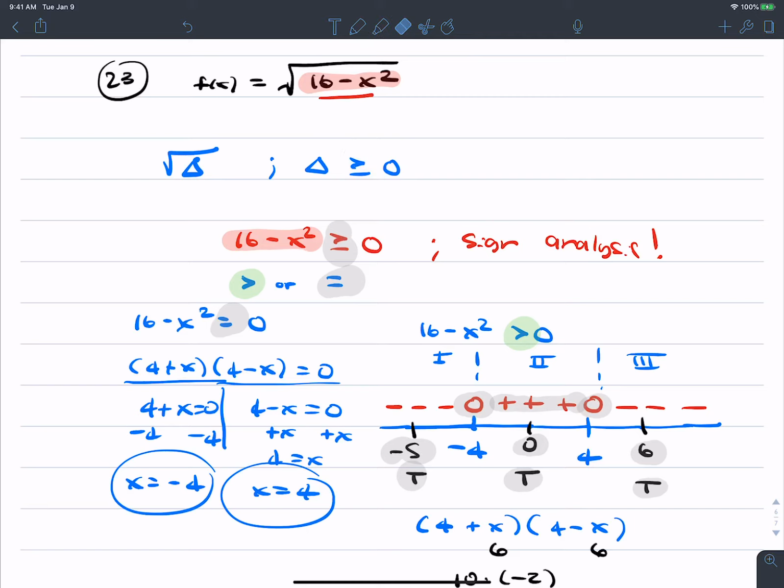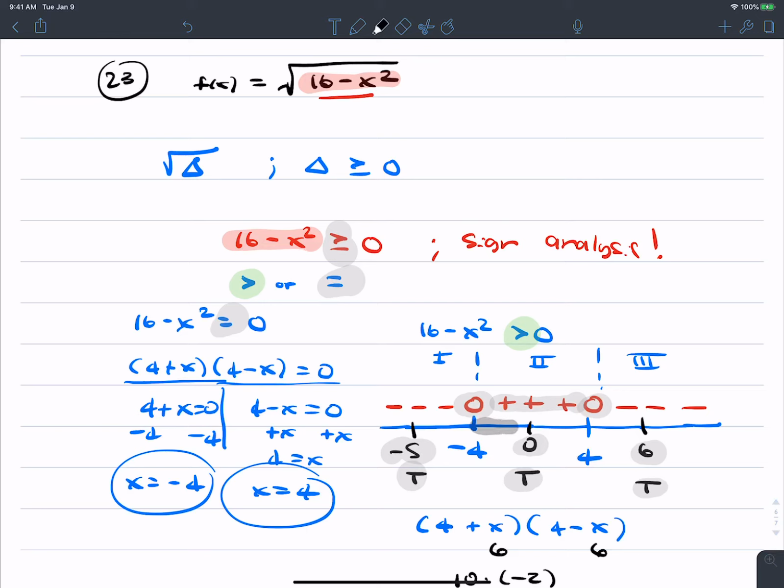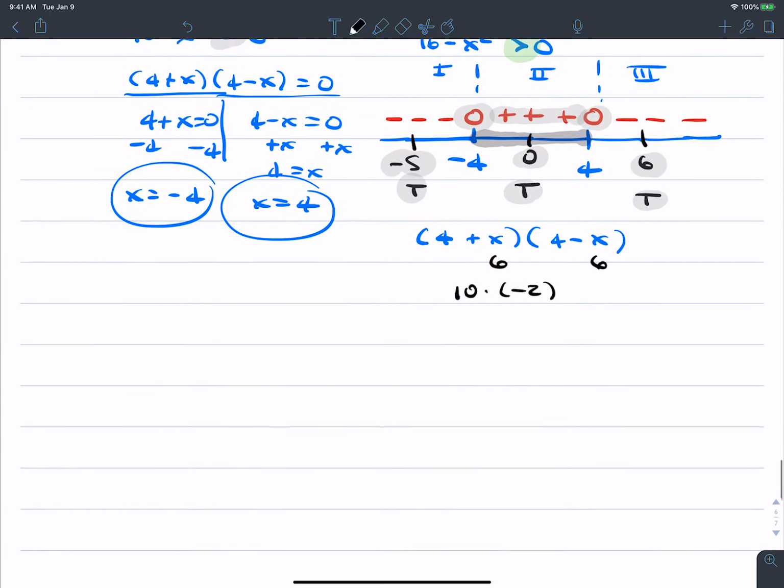So our final answer will be written graphically. I think that helps. You're going to shade everything right in here, including the negative 4 and the positive 4, because this is where your product is positive or equal to 0. So in terms of a real number line graph, you just reproduce the same graph you see above here.